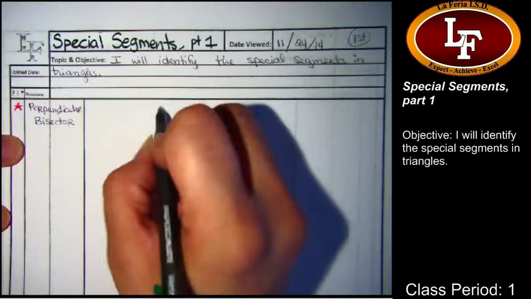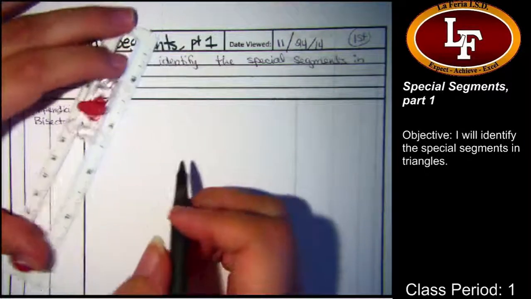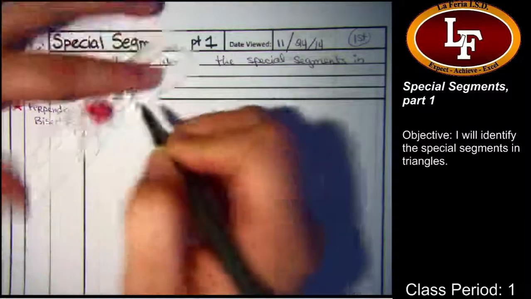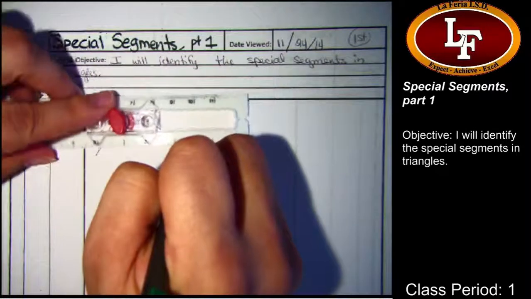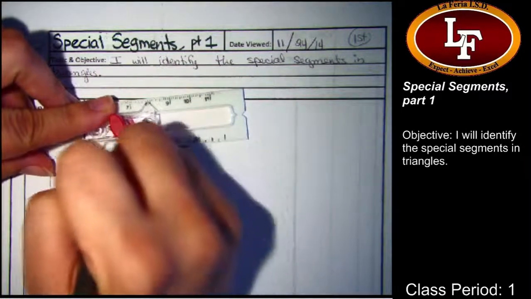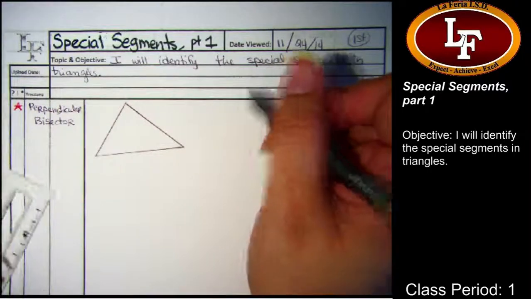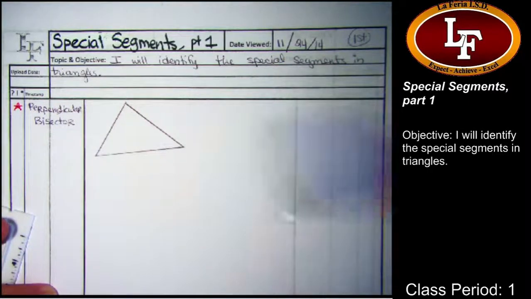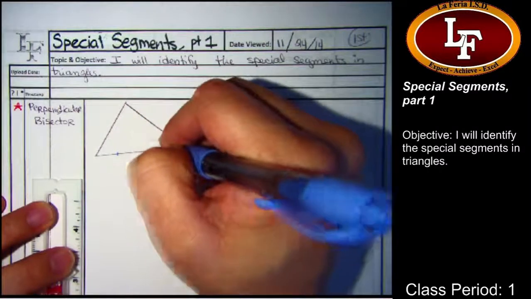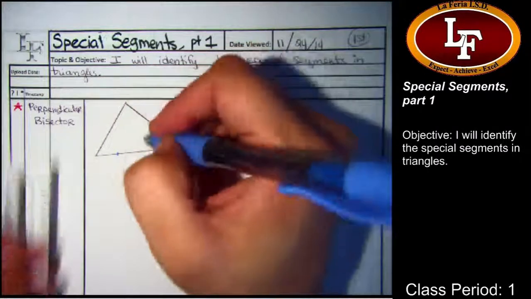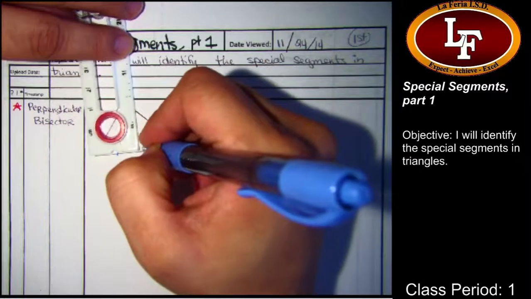I'm going to leave a bit of space right here. Let's go ahead and draw the triangle. All right, so the first word is perpendicular bisector. It's a word you guys are already familiar with. But in a triangle, the perpendicular bisector is that line that cuts this side into two equal segments, because it's a bisector, and it forms a right angle right in the center.